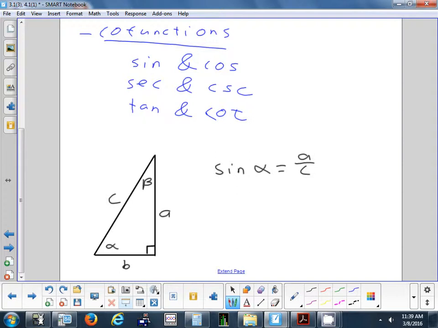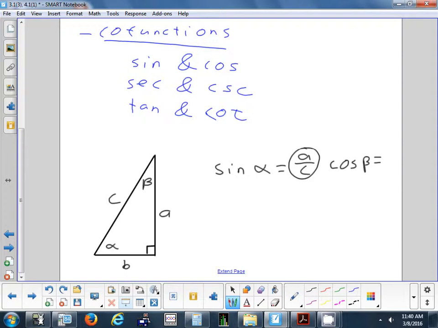So sine is opposite over hypotenuse, A over C. Now I want to find something different. I want to find the cosine, and this time I don't want to use alpha. I'm going to use a different angle, beta. I want to find the cosine of beta.